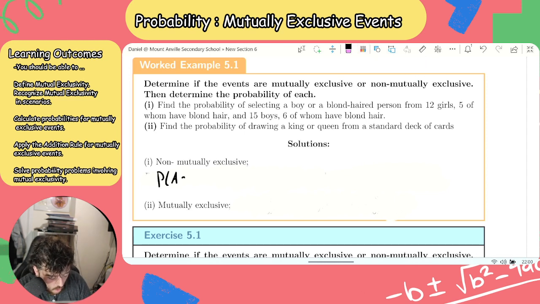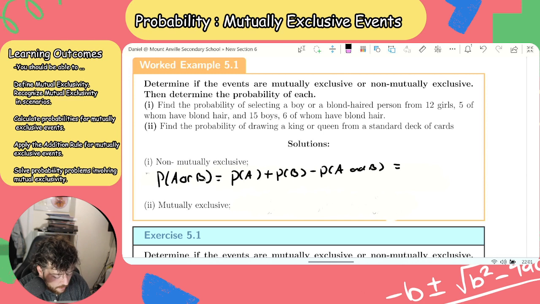Probability A or B is probability A plus probability B minus probability A and B. So boy or blonde. So the probability of a boy: there are 12 girls, 5 are blonde, and 15 boys, 6 have blonde hair.